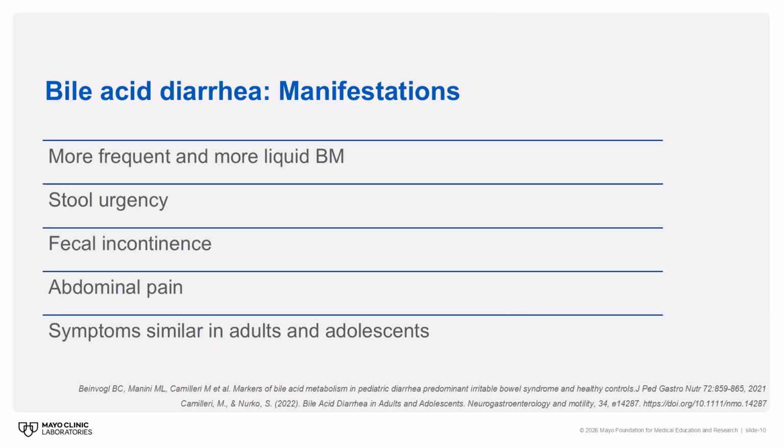All of which leads to the clinical manifestation for the patient of more frequent and more liquid bowel movements, increased stool urgency, fecal incontinence, abdominal pain, and importantly, these symptoms are similar in adolescents as well as adults.